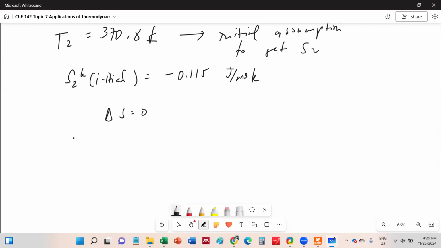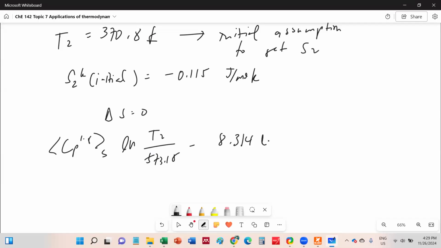Therefore, our equation becomes CPIGS ln T2 over T1, 573.15, minus 8.314, this is R, ln P2 over P1, so that's 2 over 45, minus our S2R.